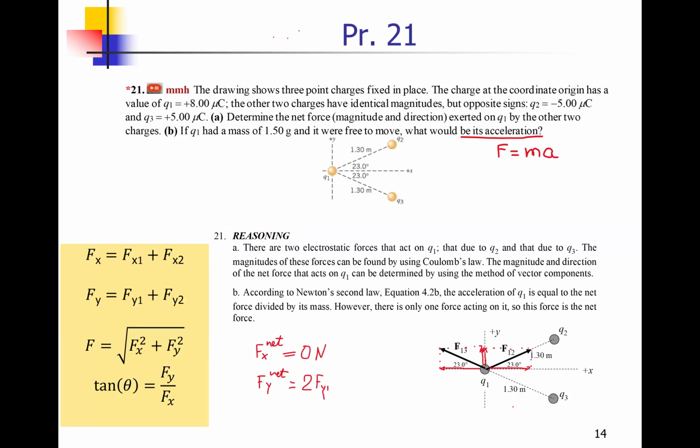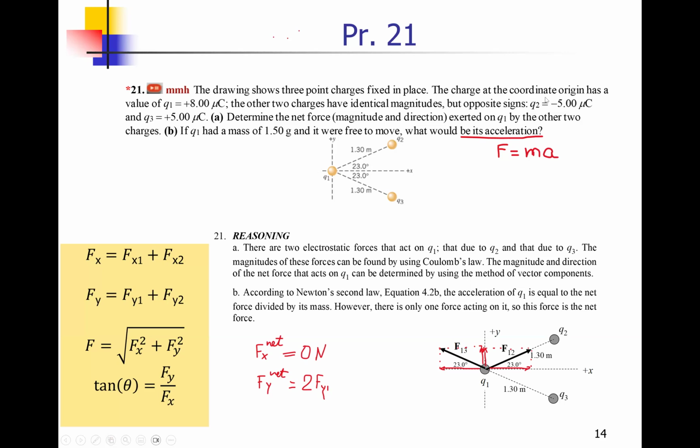And also, we have problem 21. Problem 21 also uses symmetry, which will make this problem very simple. I got emails from some of you asking me to do some specific problems. Problem 21 is the problem some of you asked me to do, so I'm going to go over it with you. Here, the drawing shows 3 point charges in fixed places: Q1, Q2, Q3.